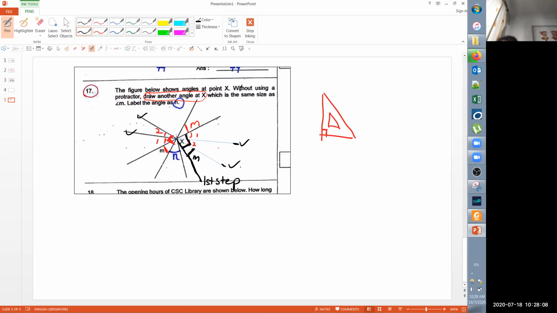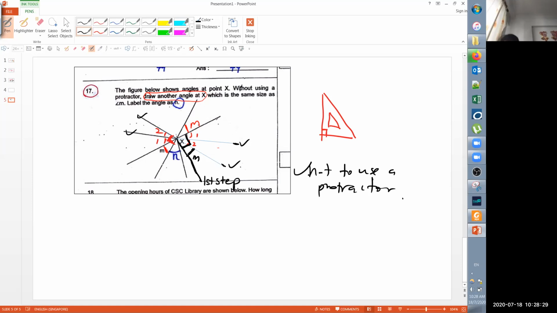So the question here, when they ask you not to use a protractor, what it means is you can't use a protractor.